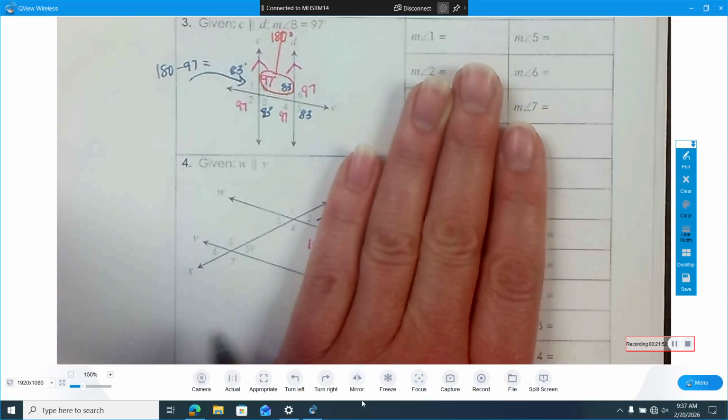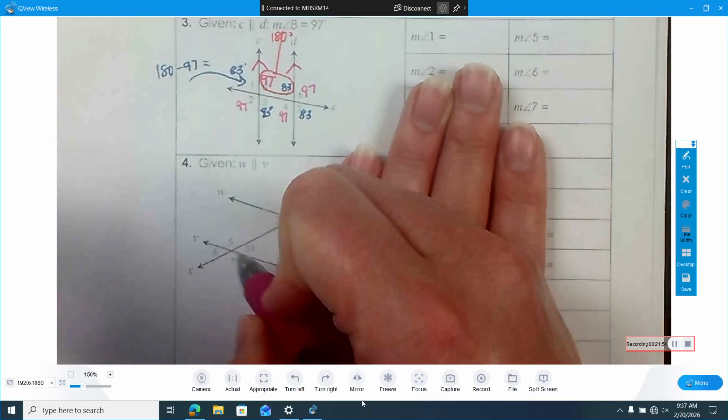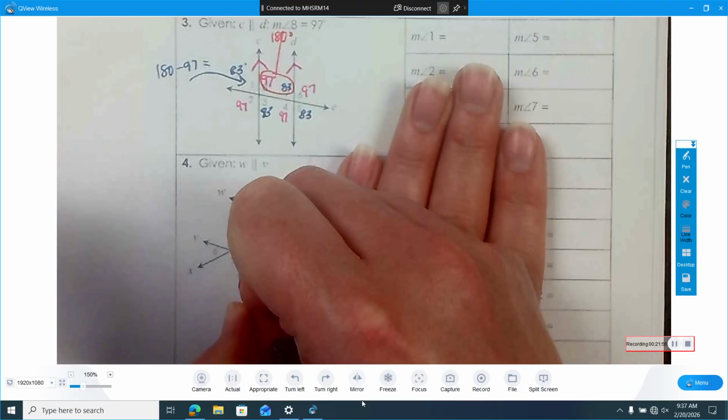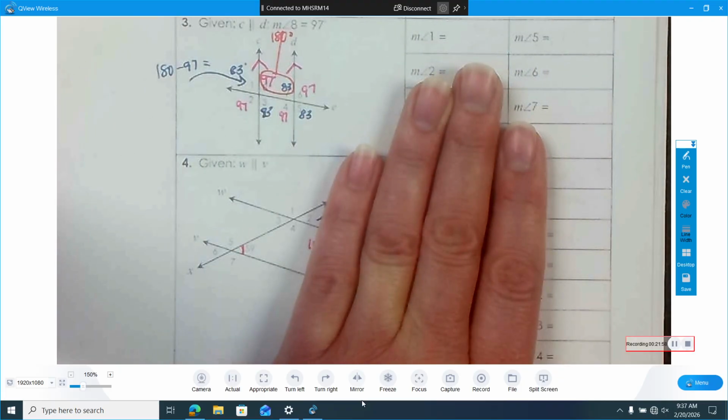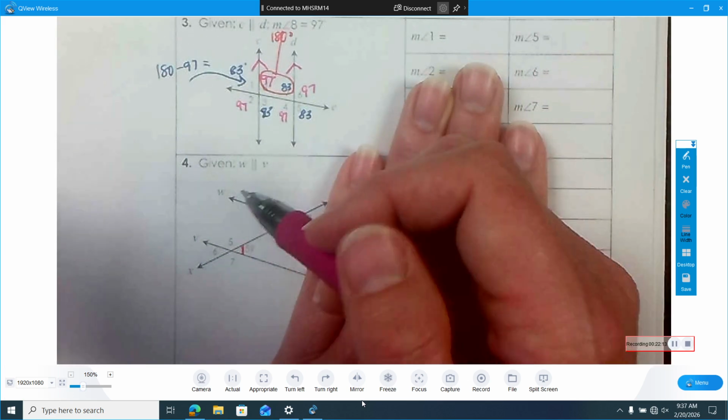Will you take a second and figure out, we have this 59-degree angle right here. Take 1 minute and figure out what else is 59. All right, what are the other angles that are 59?